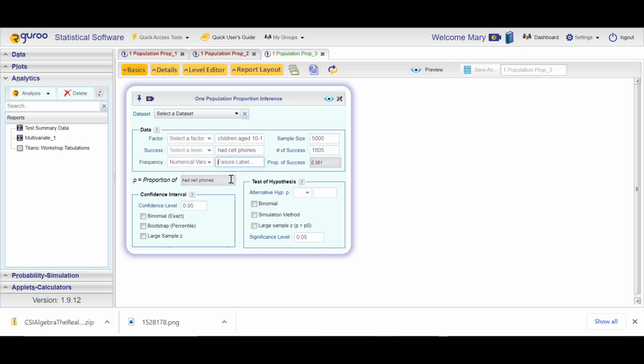But success was had cell phones. And if we want to do 0.01, I would do a 0.99 confidence level. Large sample Z. Hypothesis is that it should be greater than 0.35. Large sample Z, 0.01 significance.